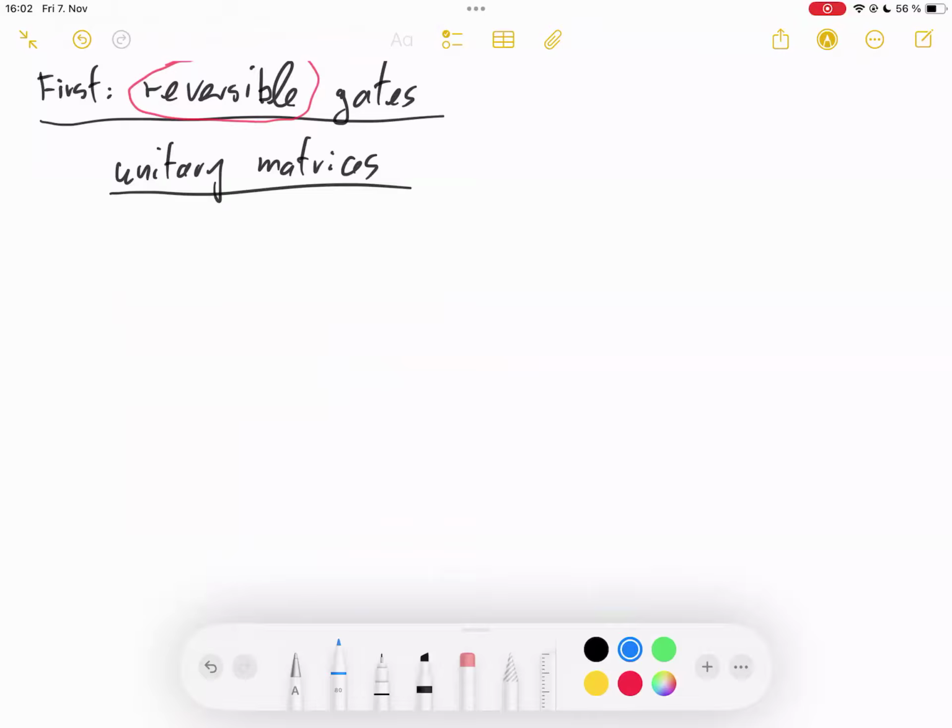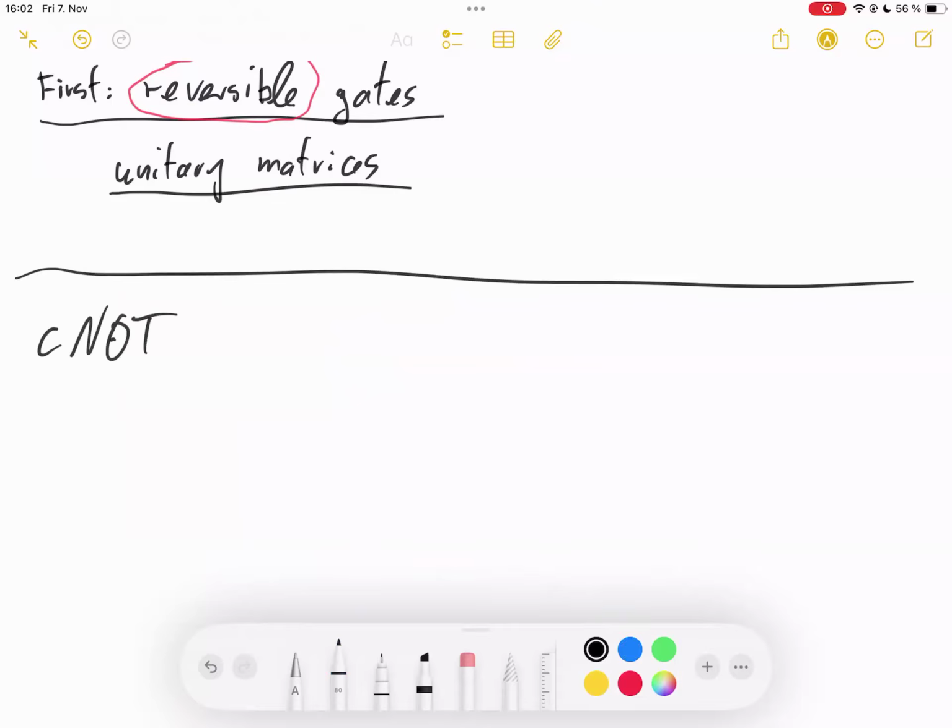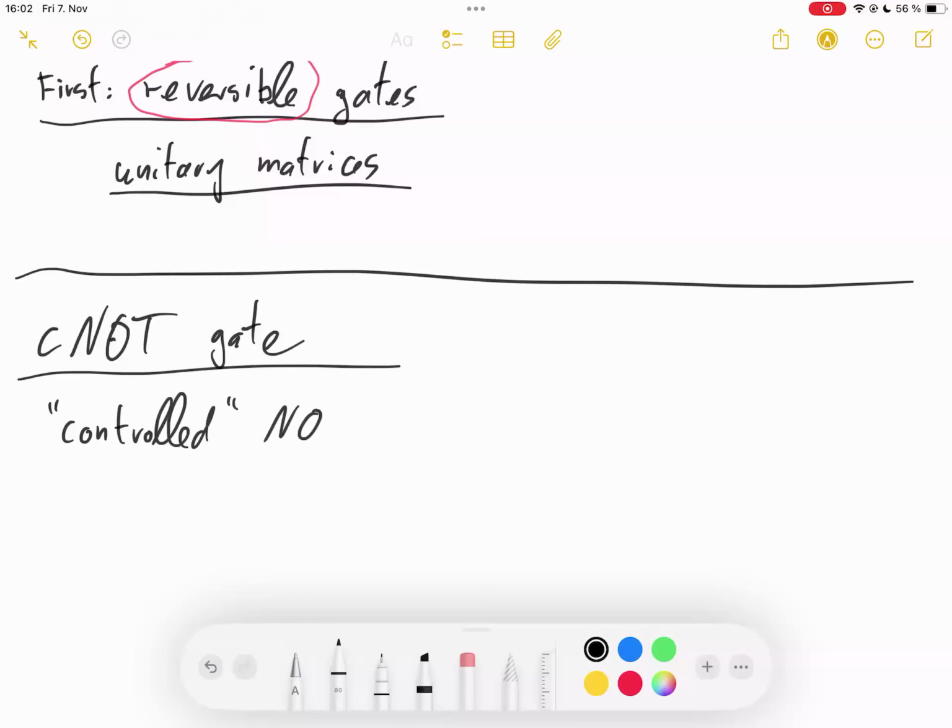And we will now introduce two gates that are reversible, and we will see why they are both so interesting, and they will play a crucial role in quantum computing. The first one is the CNOT gate, with a small c for controlled NOT.